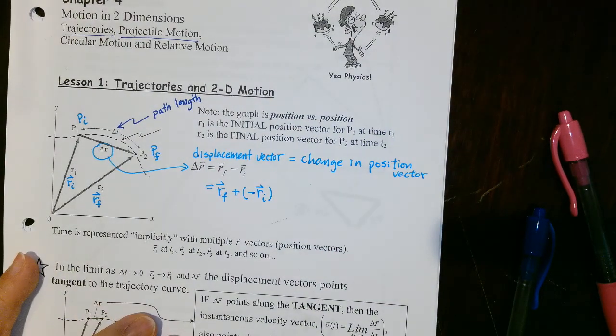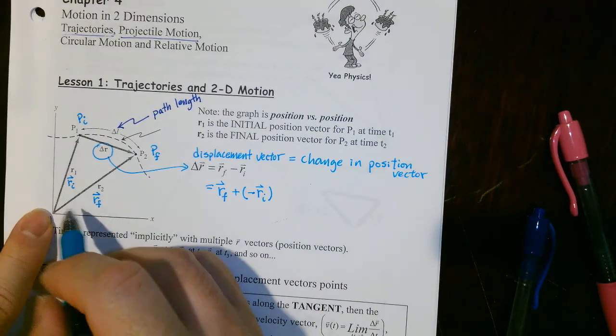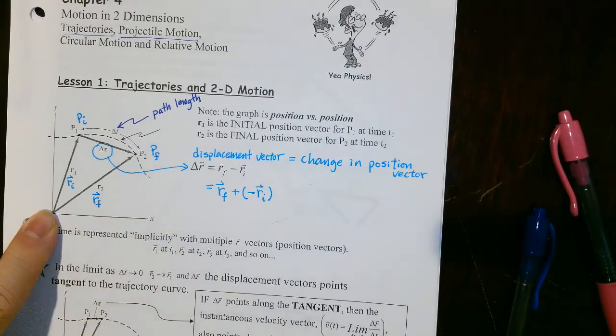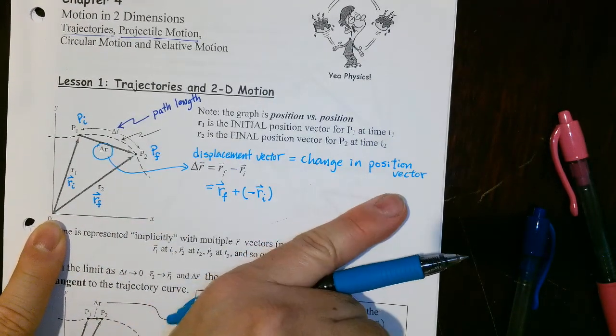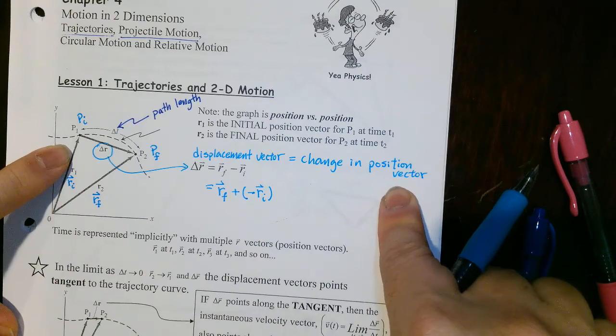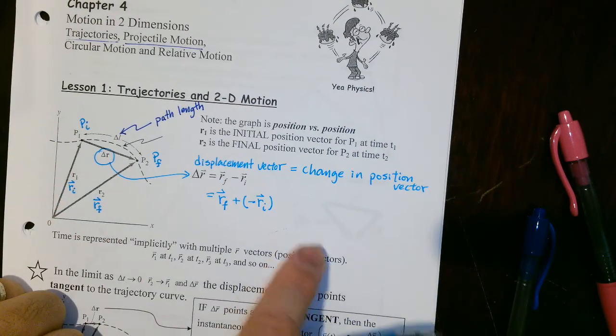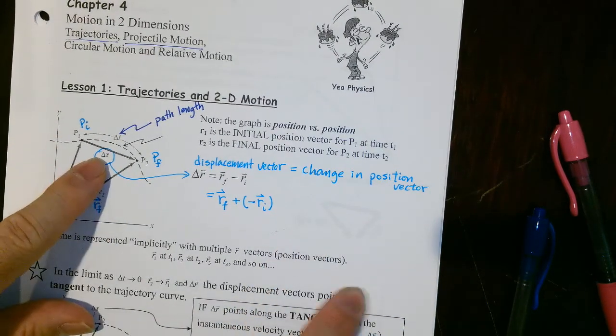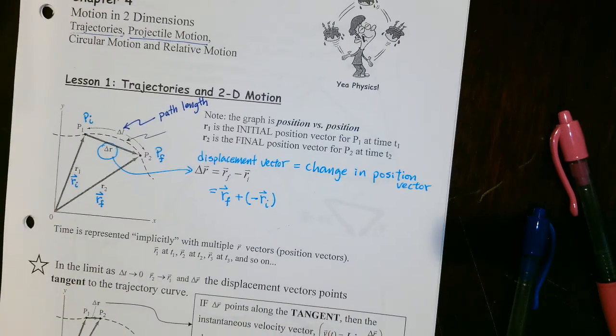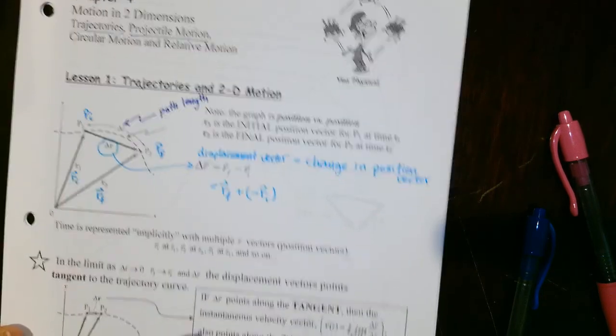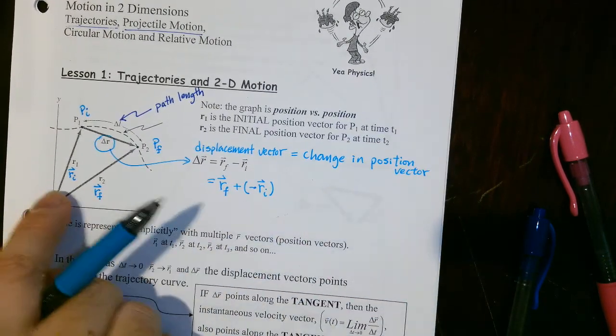So if we were to redraw this, RF plus negative RI, and we get ourselves the change in position, which is exactly the same as that. I'm not going to redraw that here, but you should be able to see that.